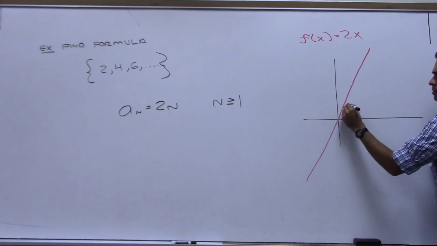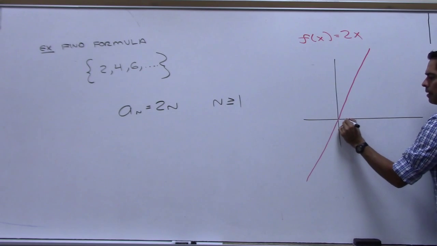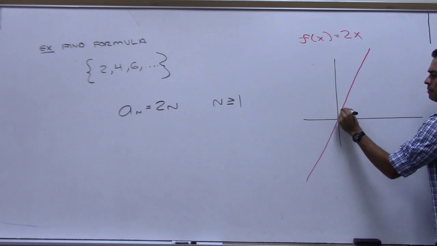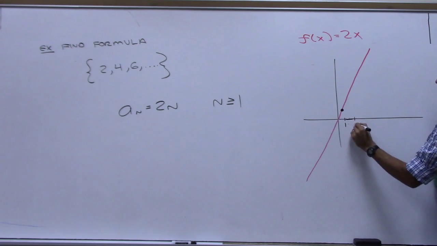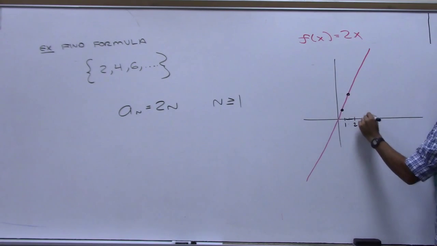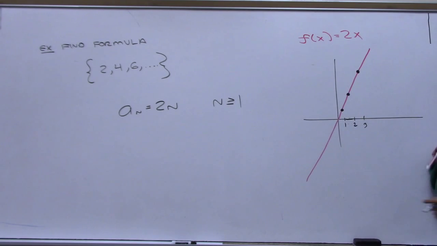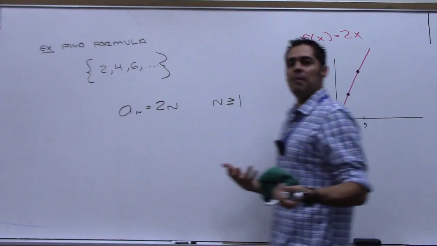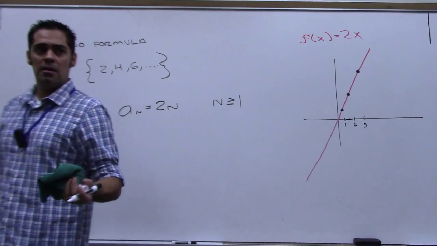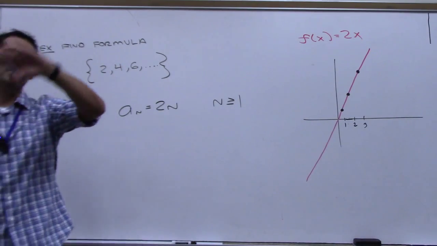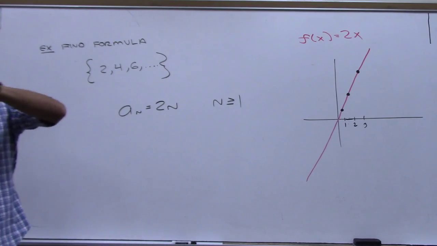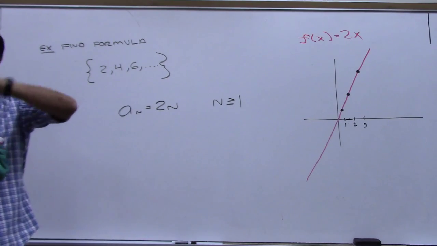At 1, it's 2, and then at 2, it's 4, and then at 3, it's 6. So it's actually just a bunch of dots, right? That's all it is. And so it doesn't qualify as a function the way that we've been studying functions. Our functions have always been nice and smooth, and you can draw them without picking up your pencil. We call them continuous functions.